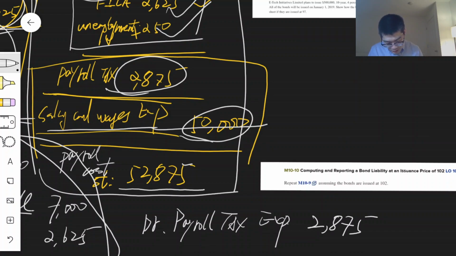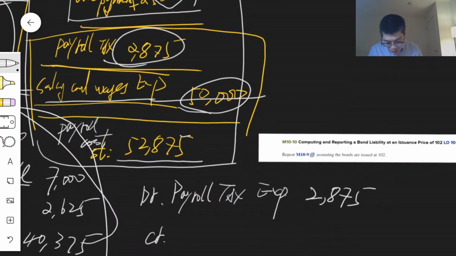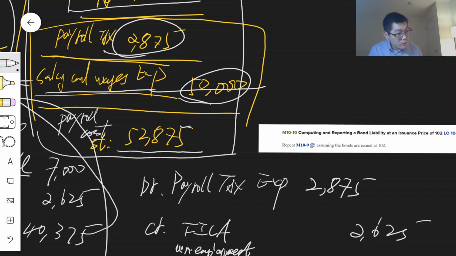And out of this $2,875, we have the company's FICA tax payable, which is $2,625, and then the other part is unemployment taxes payable.